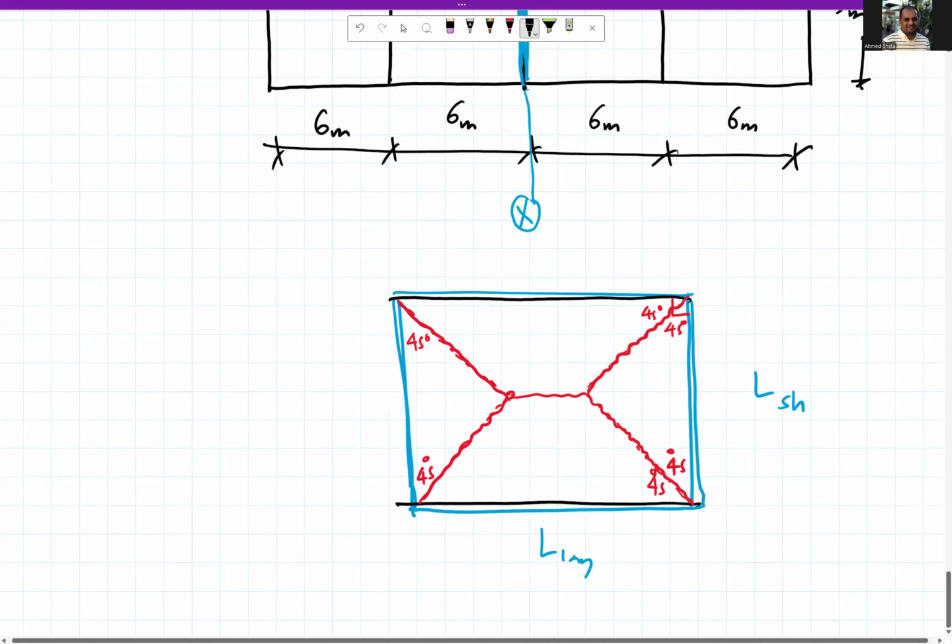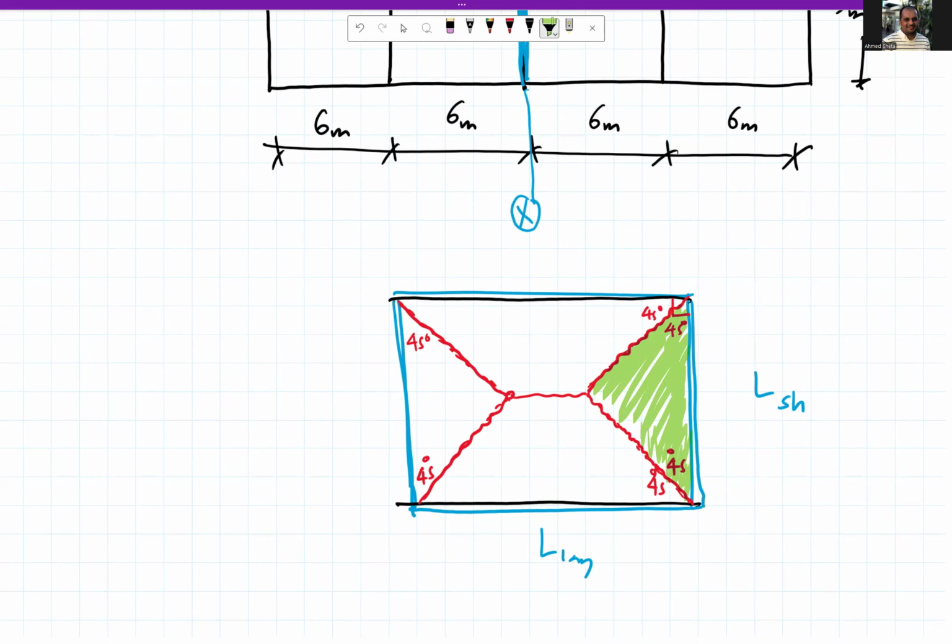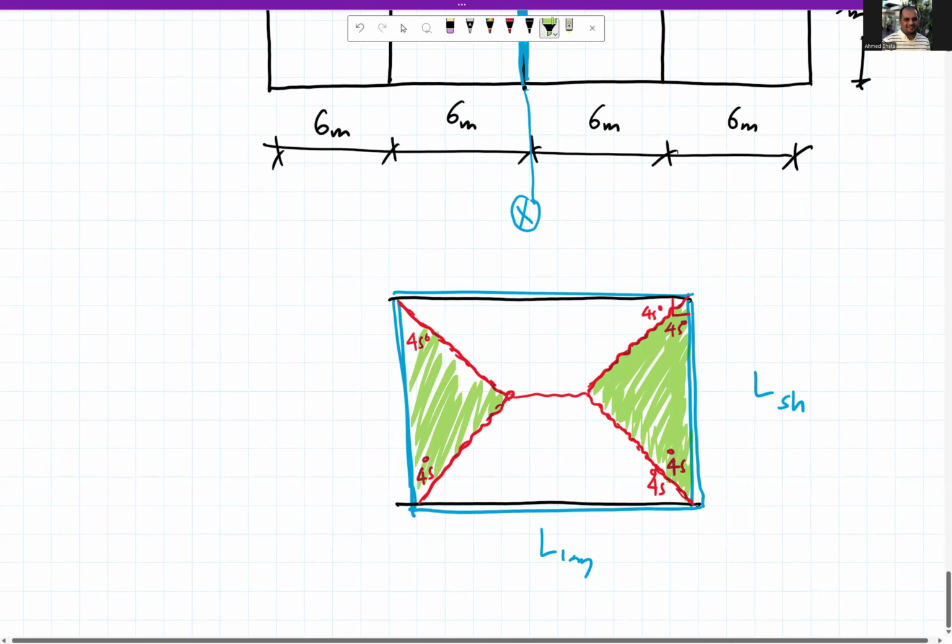Okay, so this green part and this green part will be transferred to the beams in the short direction.